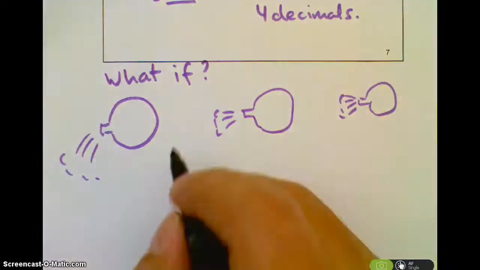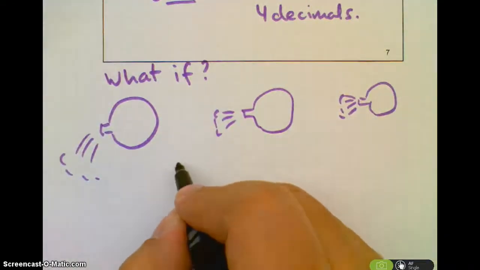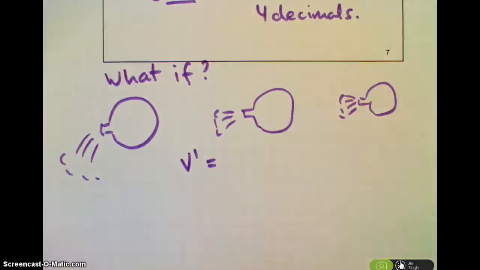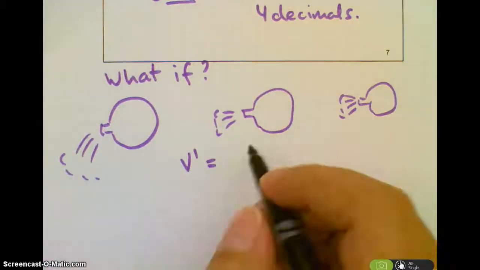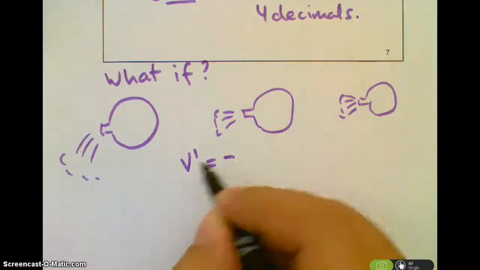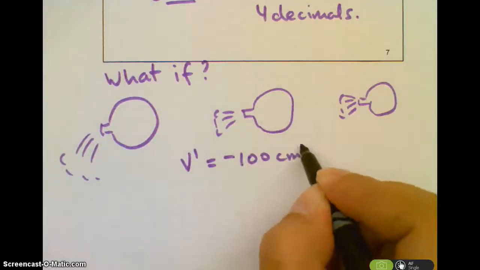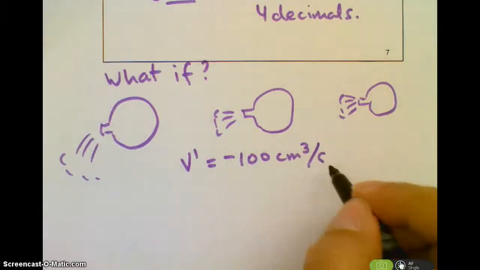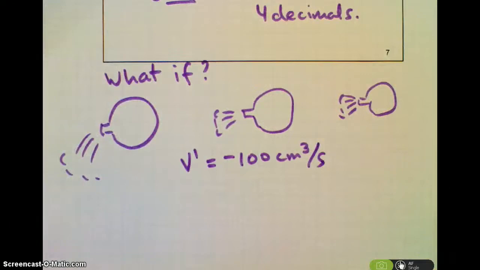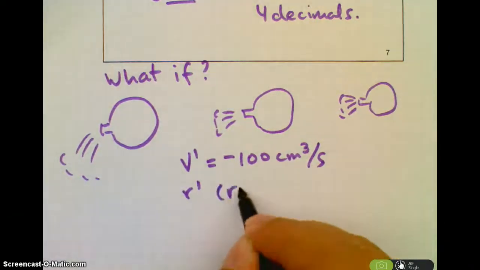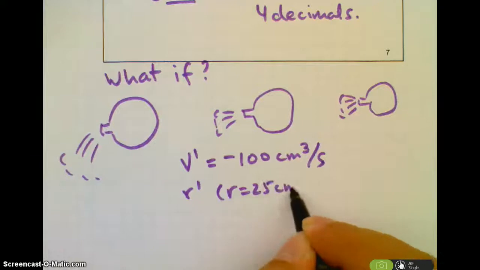Well, in that case, the change in volume would be a negative number. So let's have the same speed, but because it's deflating, the velocity would be negative 100 cubic centimeters per second. Then they want to ask us how much the radius is changing when the radius is 25 centimeters.